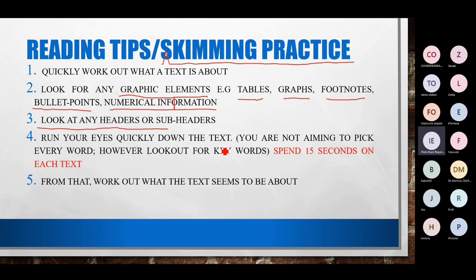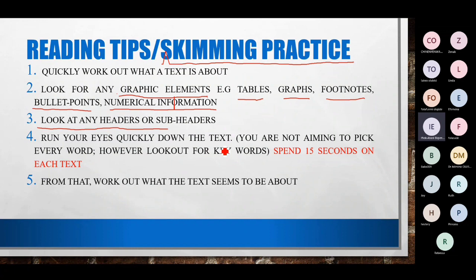Save that energy of reading to understand for your part B and C. It will be required of you when you get there. All you need to do is to spend the first 15 seconds and go through your text A. Second 15 seconds, go through your text B. Third 15 seconds, go to your text C. And your fourth 15 seconds, go through your text D, making you 1 minute before you attempt answering the questions.